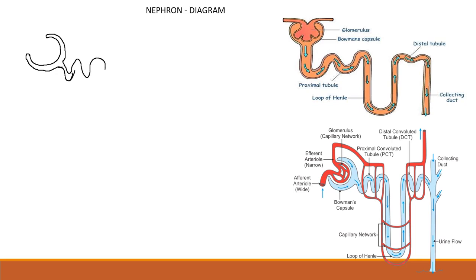This is the lower part of the tube. So the proximal convoluted tubule has two and a half convolutions. This is half, this is one, and this is two and a half convolutions. And this proximal convoluted tubule will go down and it will form a Henle's loop.